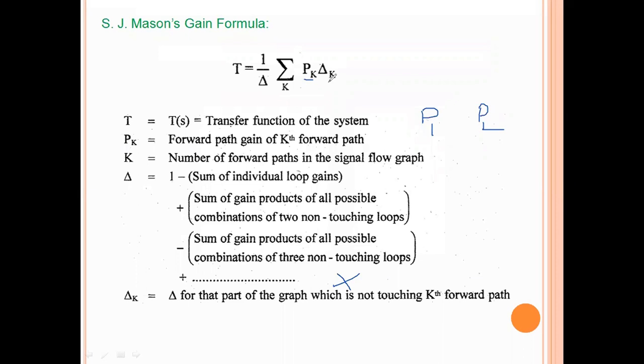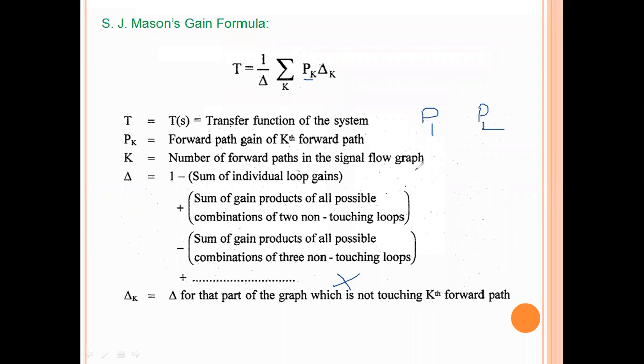This delta k is the part of the graph that is non-touching with the kth forward path.